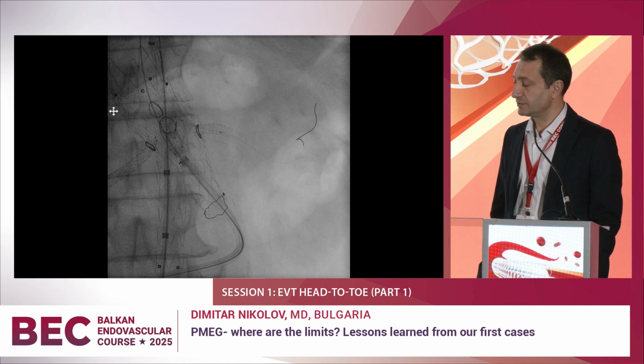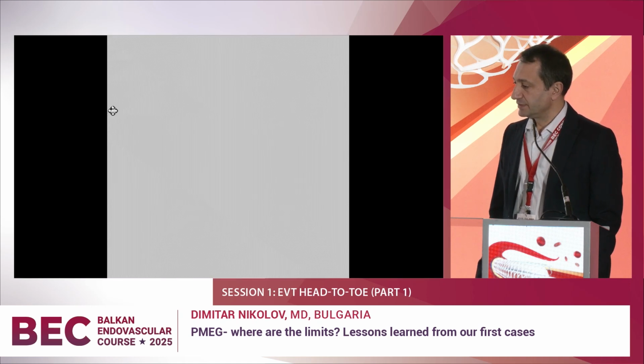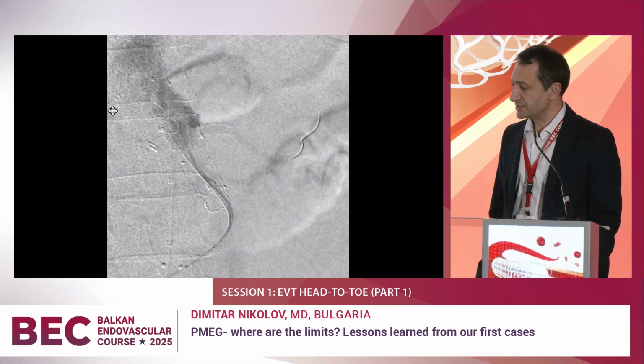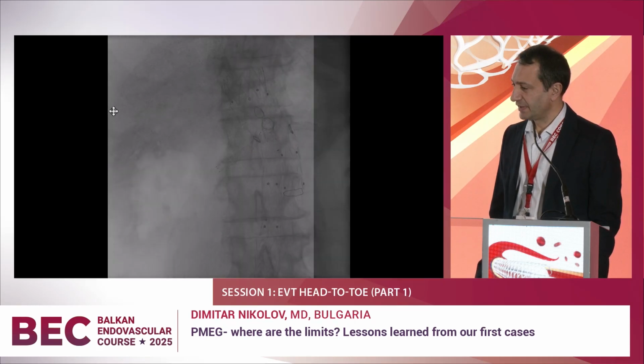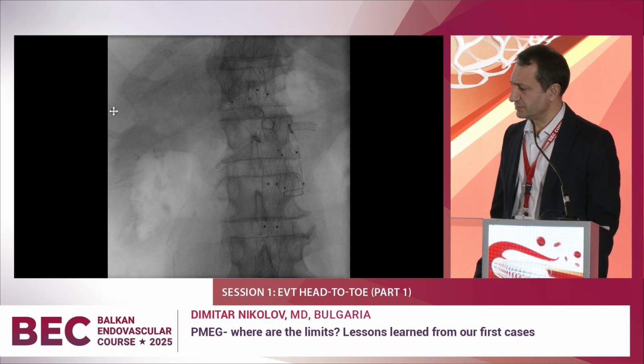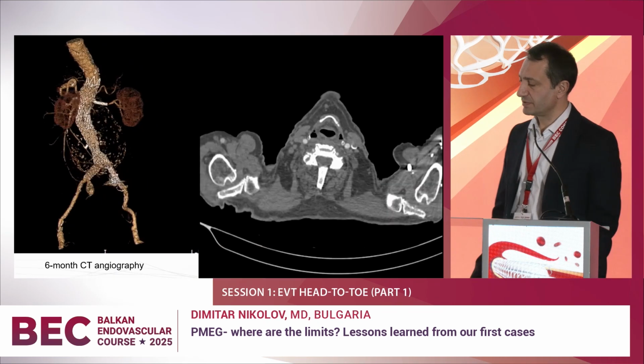After that, we succeeded to put a renal stent, and after that a coronary covered stent. And this is the final result. This patient is doing very well, and this is the CT angio 6 months after the implantation.